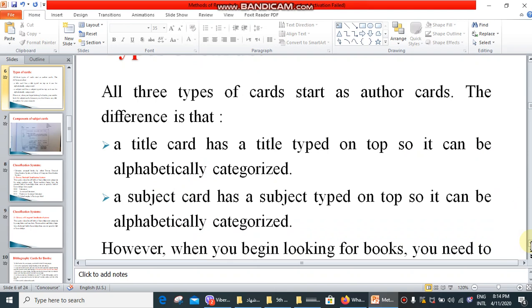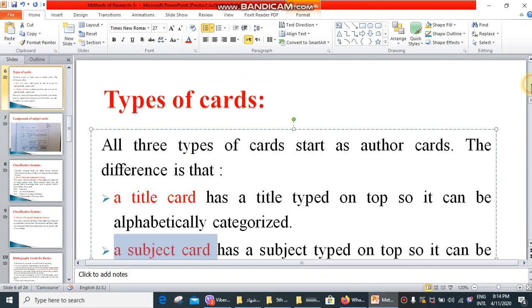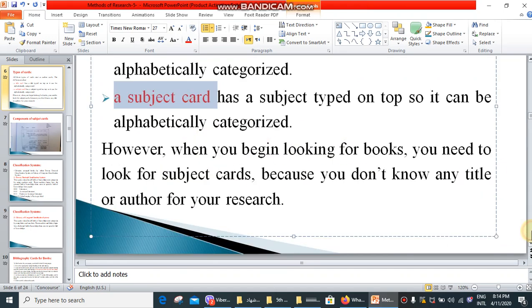So when we say that this is a title card, this means that the title is prominent in the sense that it is located at the beginning of the card. The same for the subject card, and the same for the author card. All three types of cards start as author cards, but the difference is in the information which I mentioned a few minutes ago.